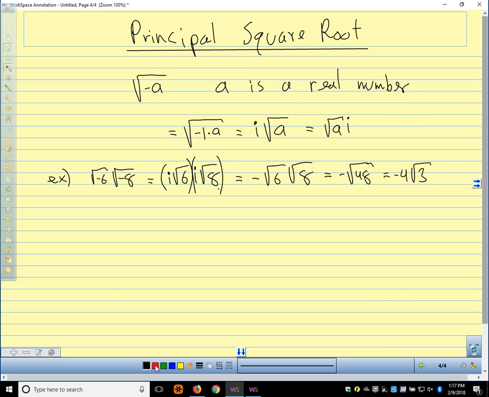Now I'm going to write down here, incorrect. If we did not use this idea of taking the principal square root, if we did not use this convention, we might just say, well, the square root of negative 6 times the square root of negative 8 is the square root of negative 6 times negative 8, which is just the square root of 48, which is positive 4 square root 3.